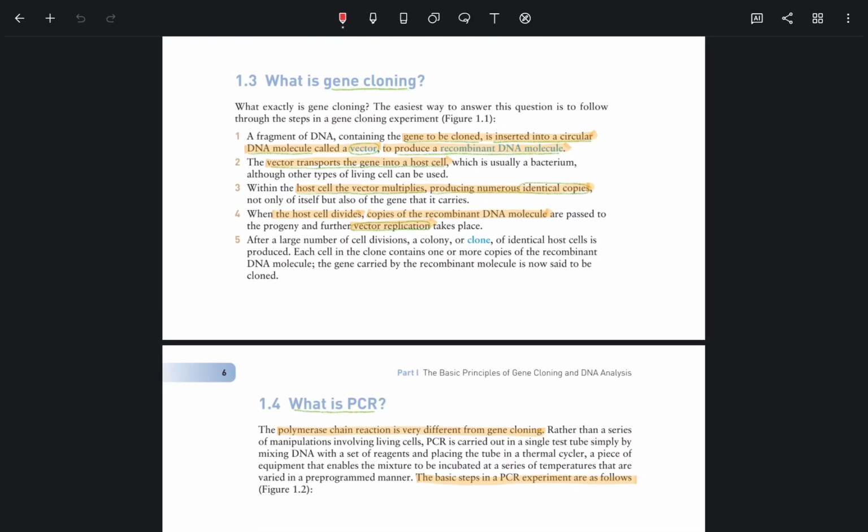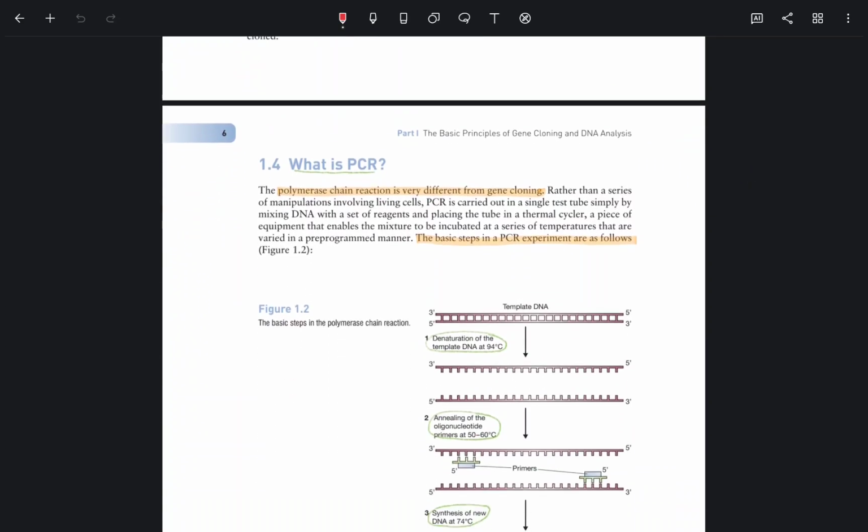After a large number of cell divisions, a clone of identical host cells is produced. Each cell in the clone contains one or more copies of the recombinant DNA molecule. The gene carried by the recombinant molecule is now said to be cloned.